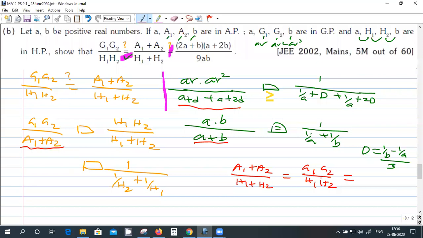And G1 G2 is A into B. And then 1 by H1 into 1 by H2 is 1 by A plus capital D, into 1 by A plus 2 capital D. Okay, this will become... and D, I have to use this one.